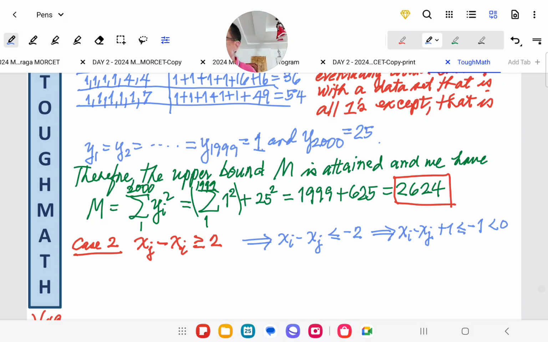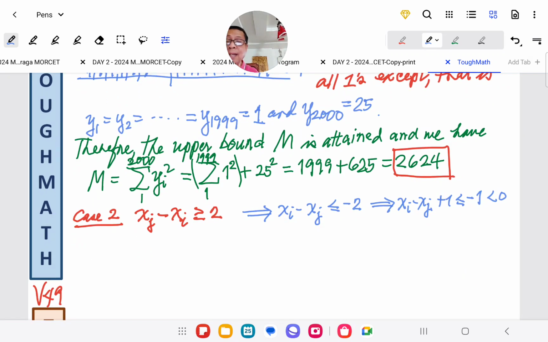So this time, instead of subtracting from the smaller and adding it to the larger, we change the values by doing the reverse. Let y sub i be equal to x sub i plus 1.